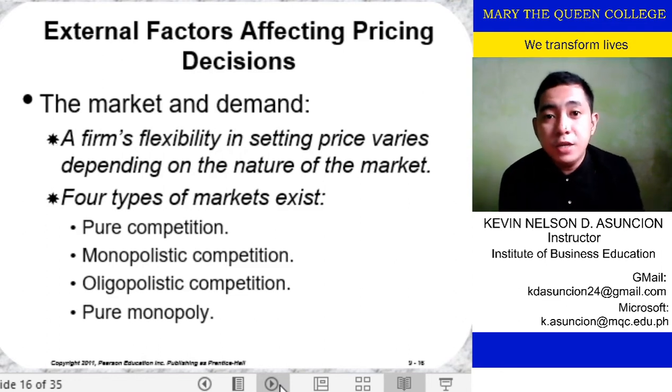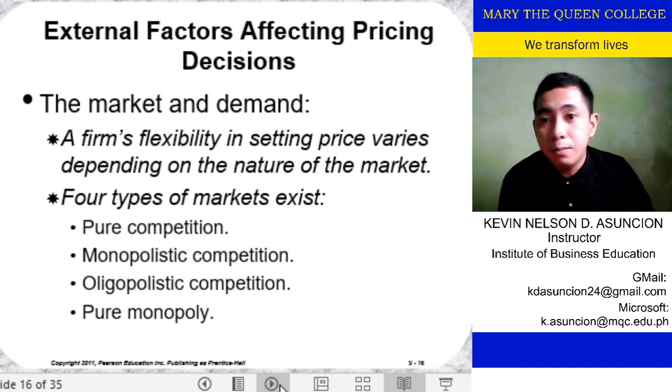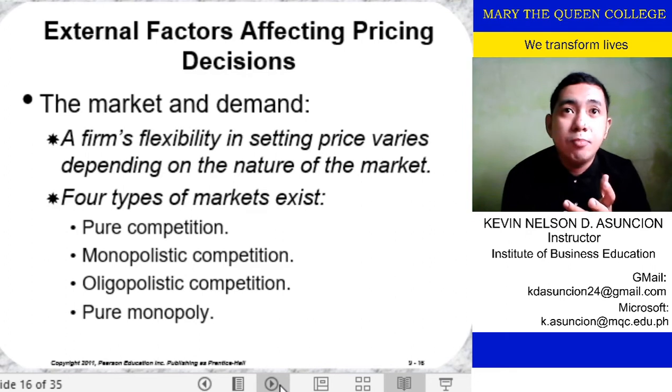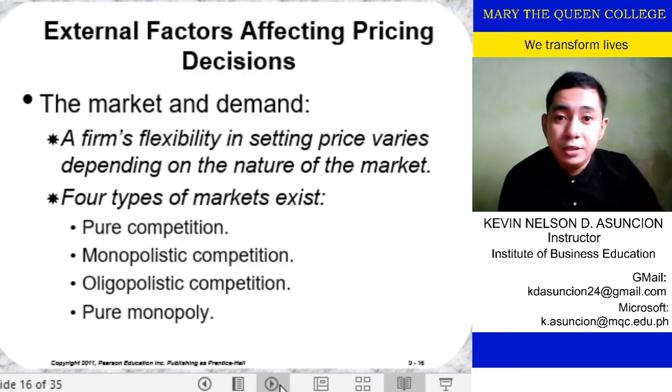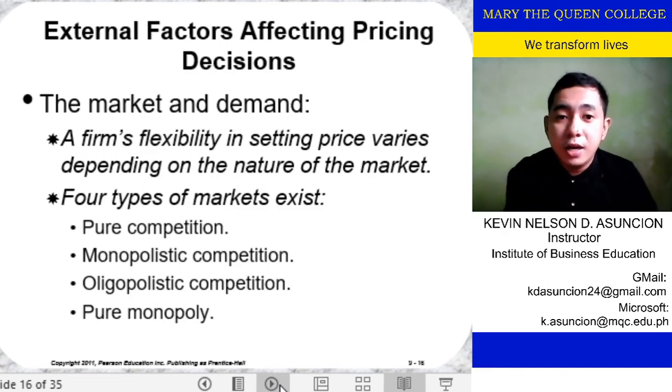So, as part of the external pricing decisions, aside from that economics, no, the national economy and the purchasing power, the behavior, and also the disposable income present to the families na or the household na binebentahan mo, no? Also consideration nga yung competition. So whenever there's a pure competition, no?